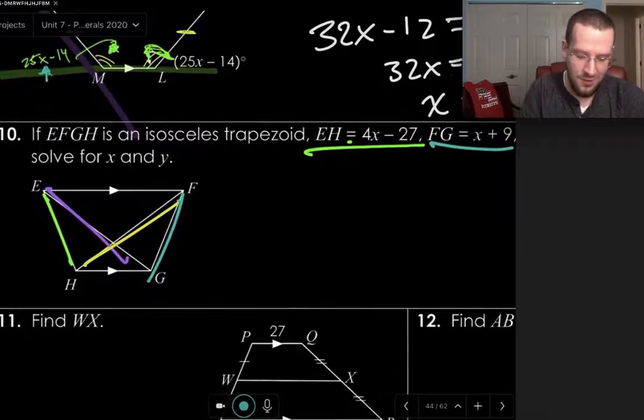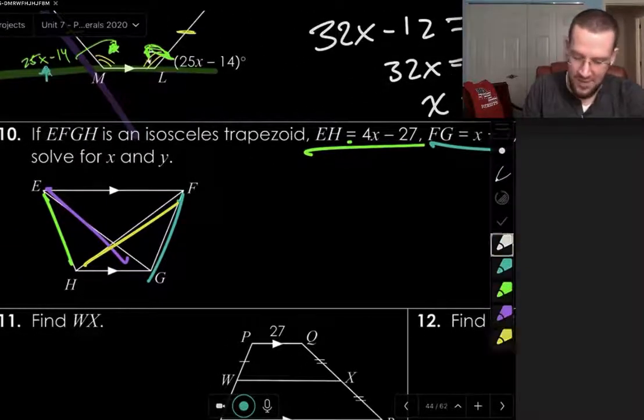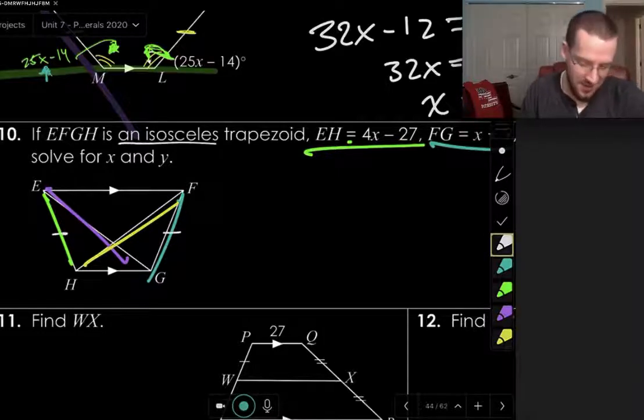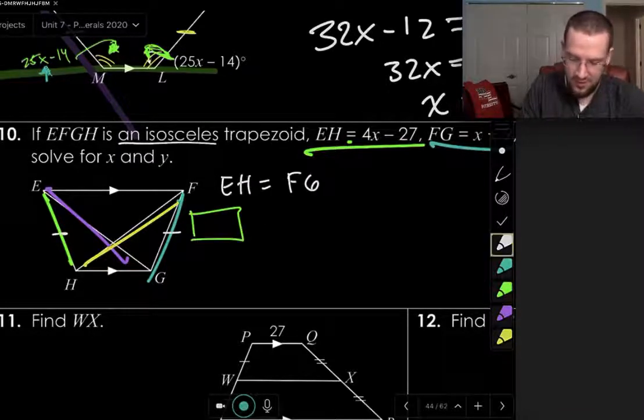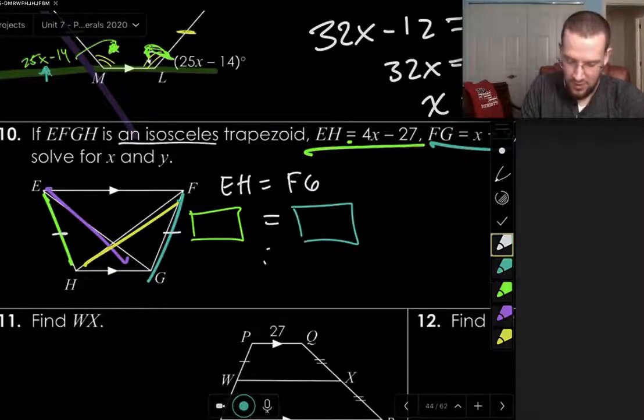Right away we're told that this is an isosceles figure, so these two sides are the same, and that means that EH is equal to FG, and thus whatever this is will be equal to whatever this is, and we can go ahead and solve for x.